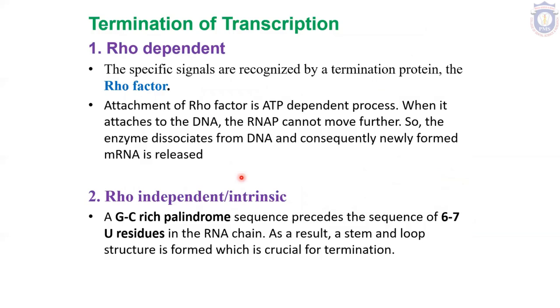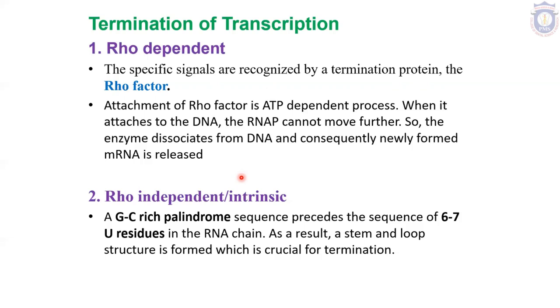After initiation and chain elongation, there is termination of transcription. The termination is with a rho-dependent factor or rho-independent factor, also known as intrinsic factor. Rho-dependent termination. The specific signals are recognized by a termination protein, the rho factor.